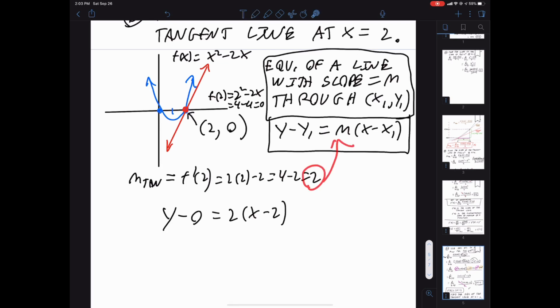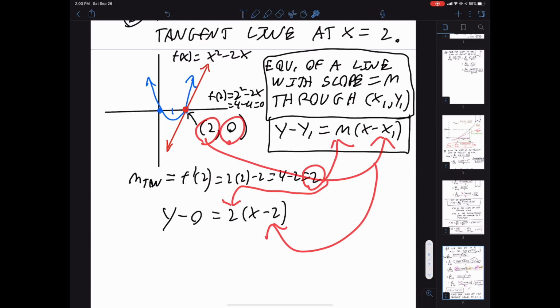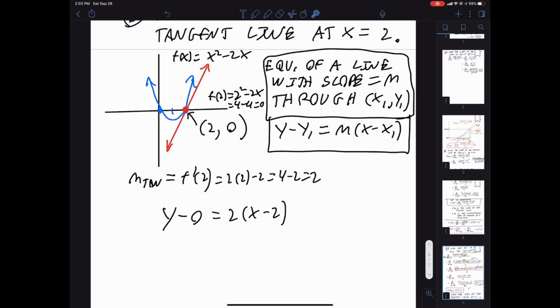You have Euler's method. There are so many times where you're going to use that. It's such a common thing. Please take the time to make this make sense. So I plug 2 for the slope, x1 is 2, y1 is 0. Bam, there it is. That is the equation of the tangent line of y equals x squared minus 2x at the point 2.